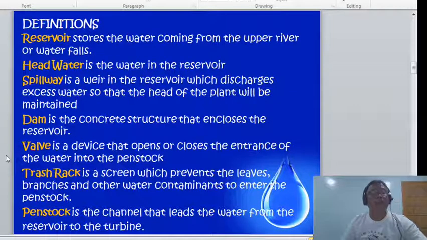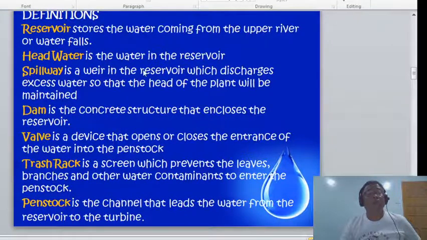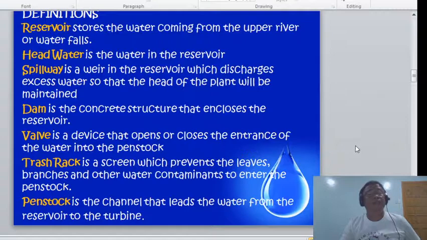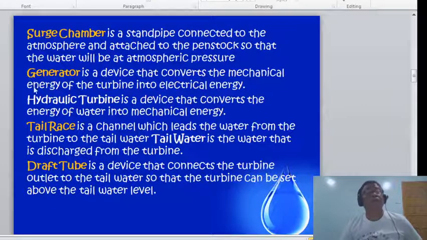Another is the trash rack, a screen which prevents leaves, branches, or other water contaminants from entering the penstock. The penstock is the channel that leads the water from the reservoir to the turbine. Take note of the definitions, class. We also have the surge chamber, a standpipe connected to the atmosphere or attached to the penstock so that the water will be at atmospheric pressure.